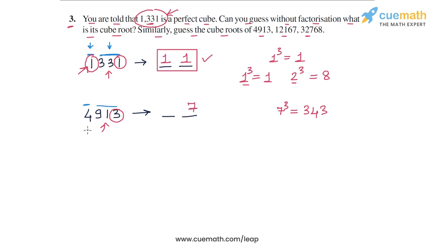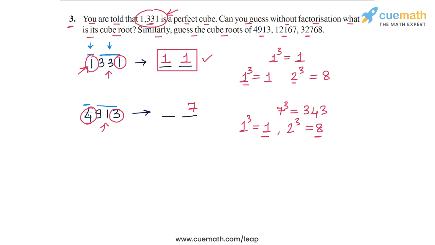Now we have to find out the tens digit of the cube root, and for that purpose we have to figure out the 2 digits between the cubes of which the number 4 in the second group will lie. Those 2 consecutive digits are 1 and 2, because 1 cube is equal to 1 and 2 cube is equal to 8, and 4 lies between 1 and 8.